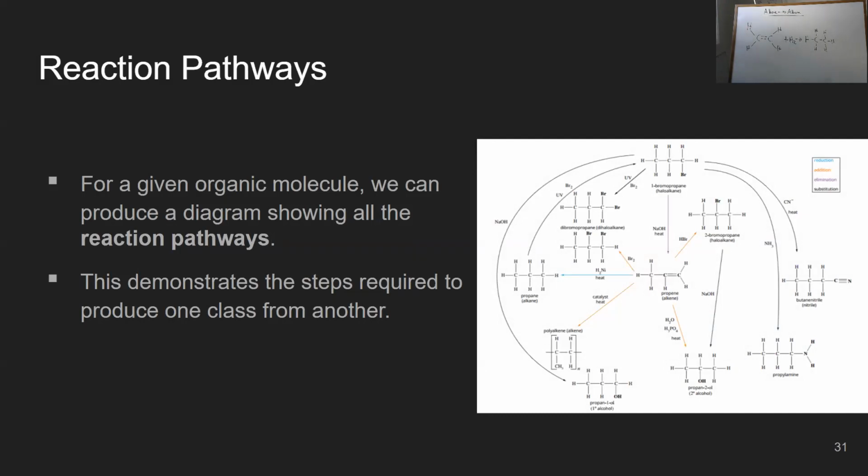If I add ammonia, it's going to make propylamine because it's got amine on the end of it, so it's got NH2. If I add hydroxide, or sodium hydroxide, it's going to produce an alcohol. If I add water, probably going to become an alcohol as well. If I add a halogen, it's either going to become a haloalkane or a dihaloalkane.